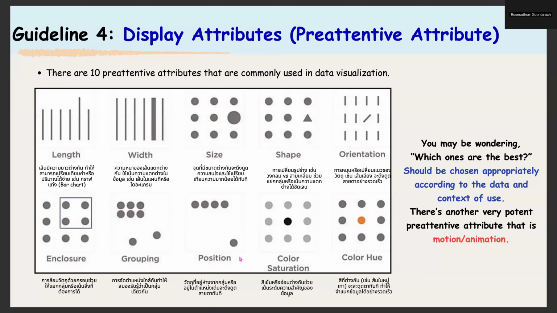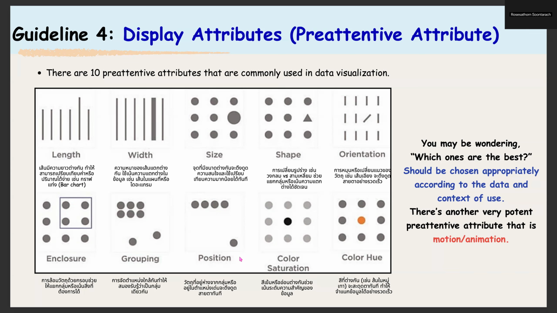So this shows 10 pre-attentive attributes that are commonly used in data visualization, which include length, width, size, shape, orientation, enclosure, grouping, position, color saturation, or highlight color. So you may be wondering, which one is the best?